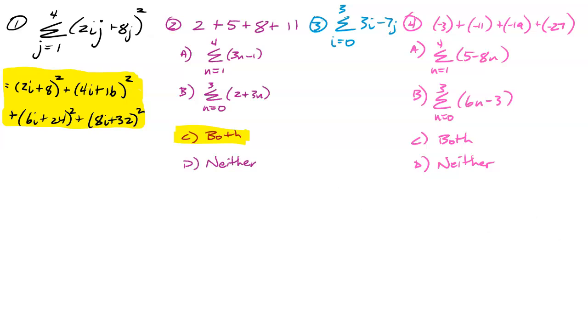Eric, did you get the third one? Okay. 18 minus 28J, that's what you said?